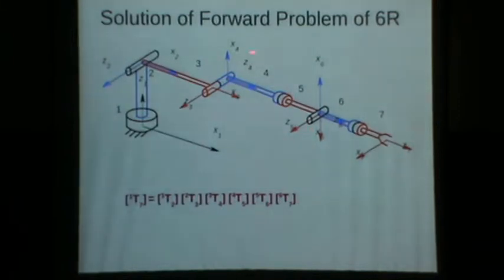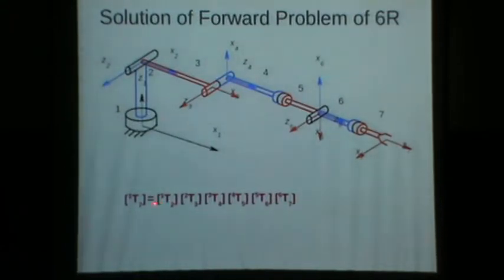In the forward problem, remember, we are given the angles at all the joints, this joint, this joint, this joint, all the 6 joints. Since we are given the angles and since we know the fixed parameters, we can construct the values of this. The numerical values of those are very easy to calculate.